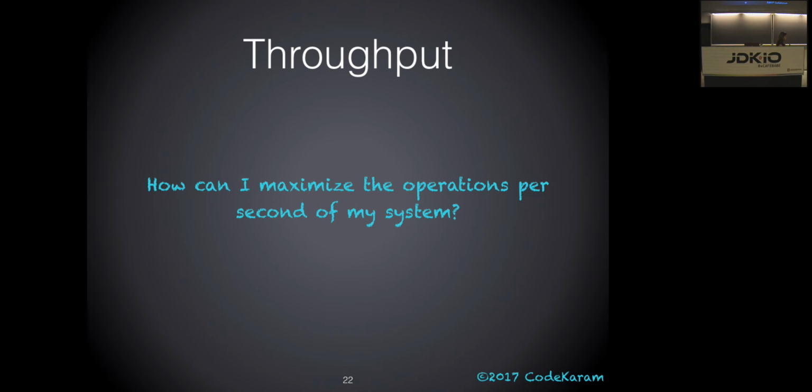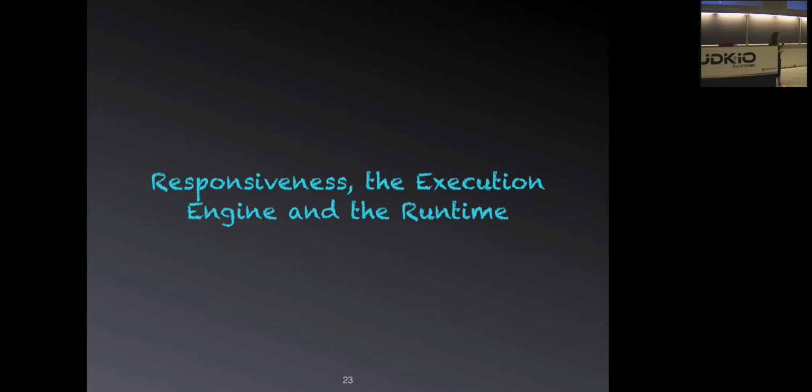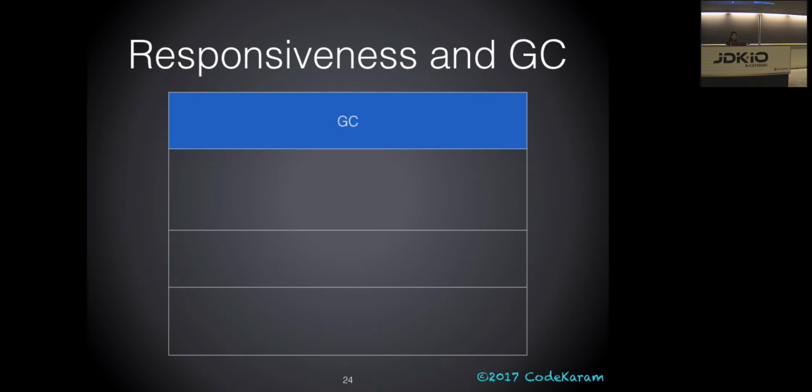So now let's look at the first of the trifecta, responsiveness, and how the optimizations that are done for responsiveness affect the execution engine. So let's start with garbage collection. To optimize for responsiveness, we have faster allocation paths, and I'll go into details about each of them, but these are known as thread local allocation buffers.